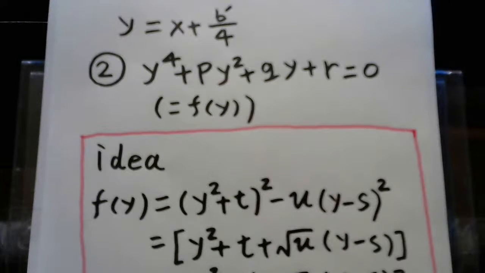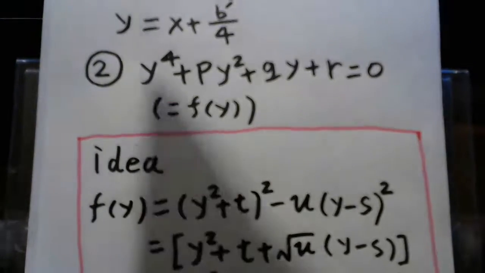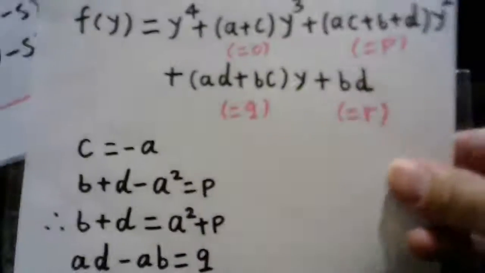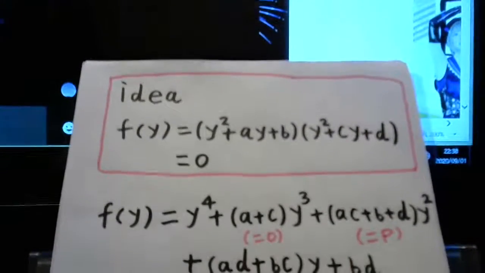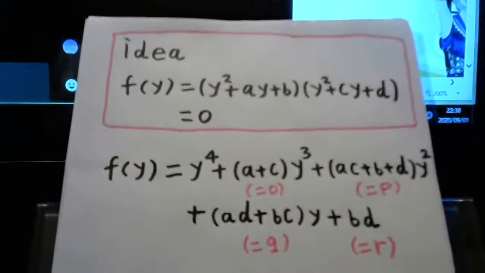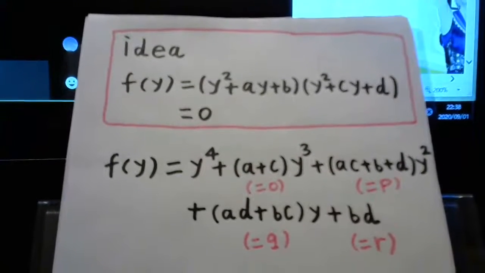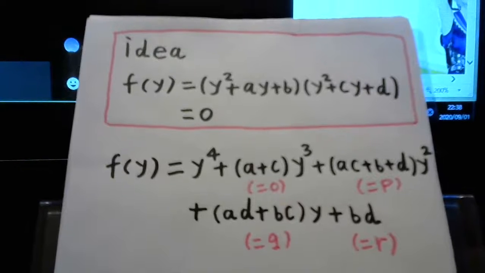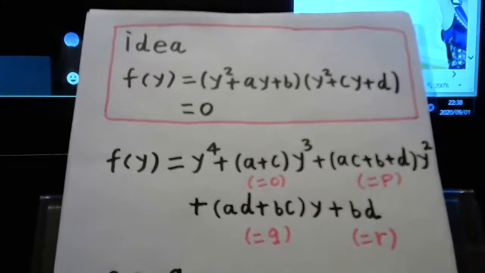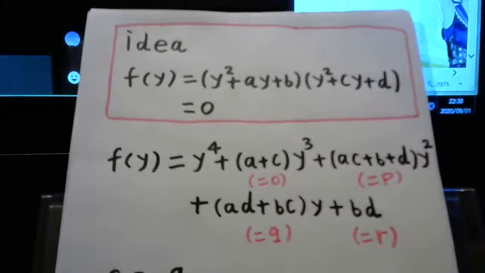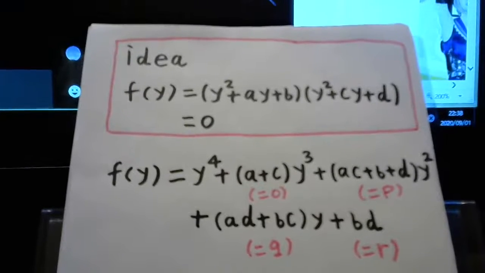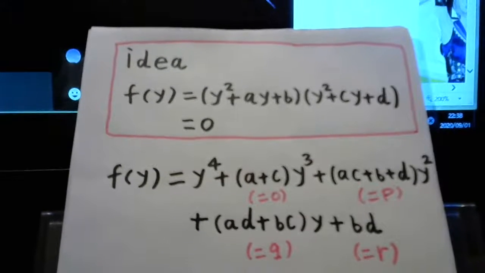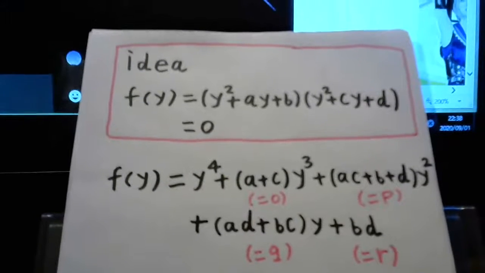Then the idea is this way. We try to express f(y) as the product of two quadratic expressions. So the equation splits into two quadratic equations, and we can solve them.